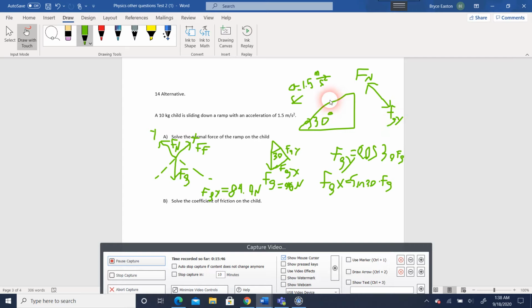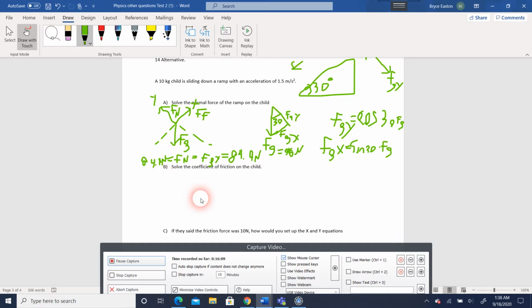Thus, since it's not leaving the ramp, we can set these two values equal to each other. So force normal is going to be equal to Fgy, which is then 84.9 newtons. So that's our answer there.